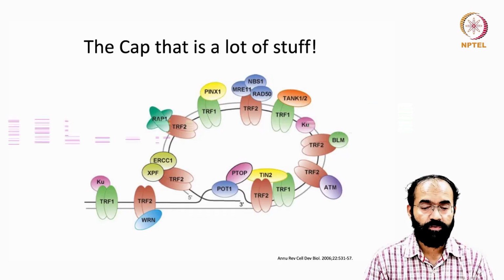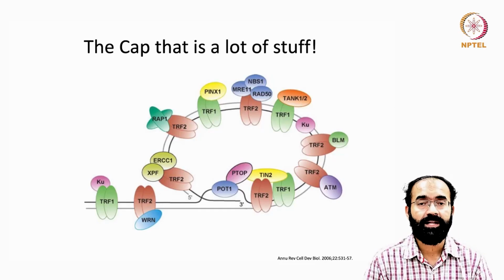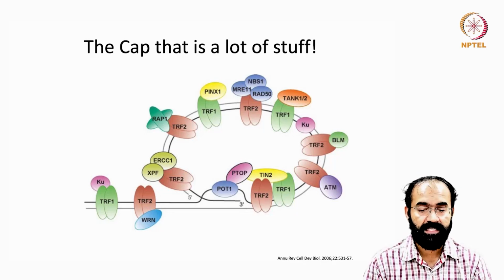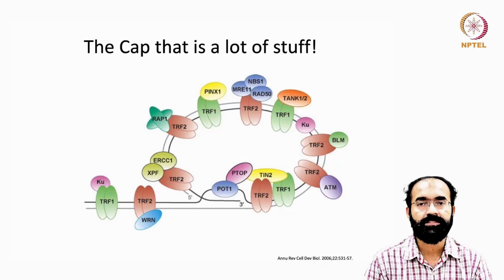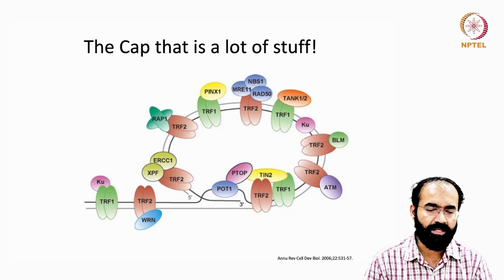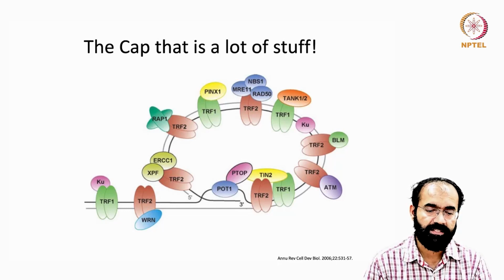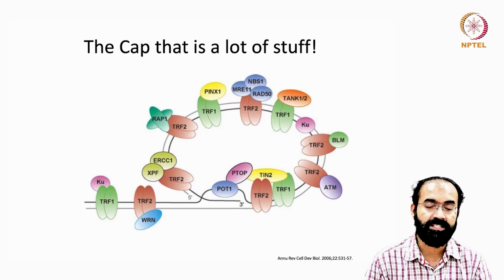The cap, although we say it is a telomeric repeat, has lots and lots of stuff, especially proteins. If you see this telomeric cap, you can see how many different types of proteins are associated. Each of the structures is nothing but proteins. You can see Ku protein, TRF1, TRF2, WRN protein, XPF, ERCC1.